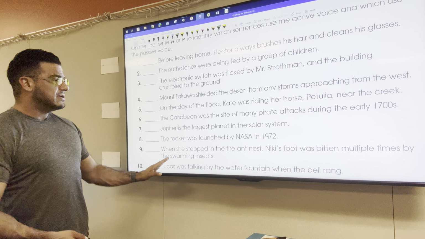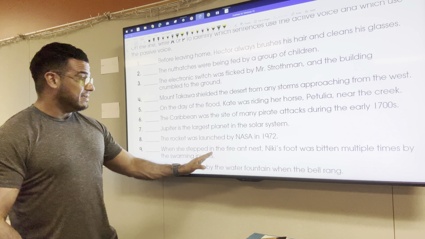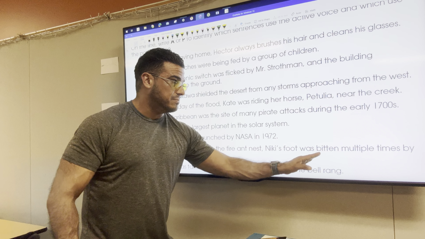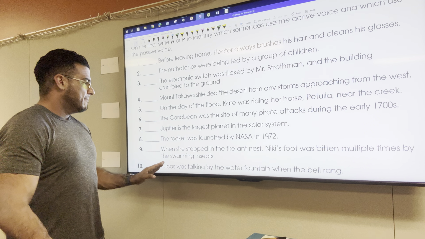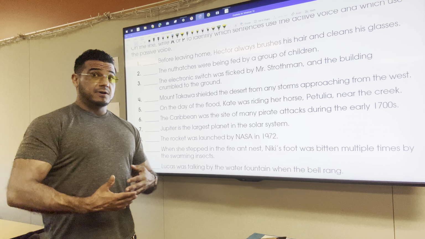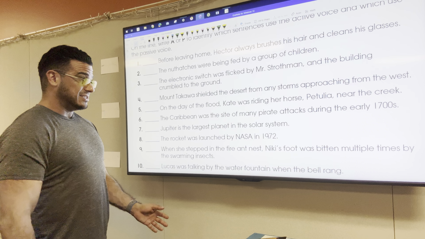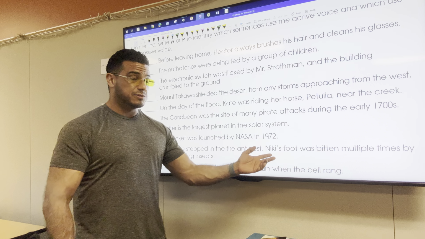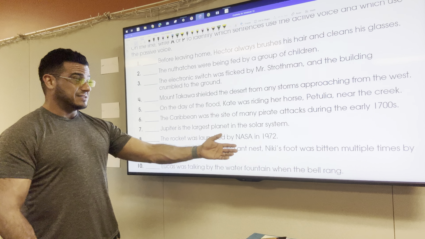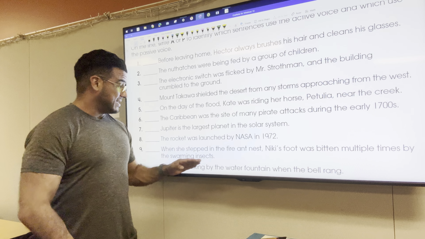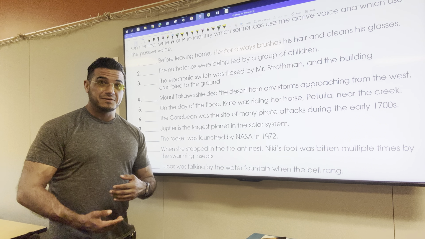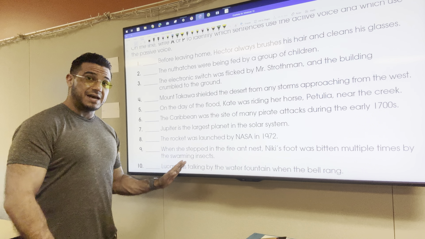Sentence 9, when she stepped in the fire ant nest, Nikki's foot was bitten multiple times by swarming insects. Well, swarming insects are the ones doing the biting, and in this case, her foot is the one being bitten. In the sentence, her foot is the one receiving the action, while the ants are performing it. Therefore, it's passive voice.